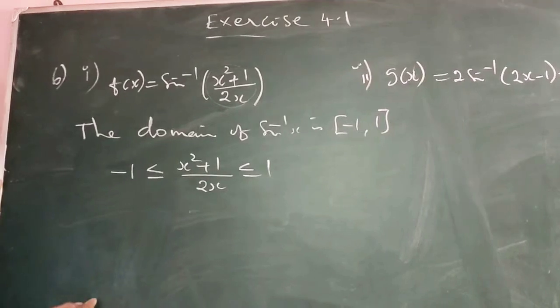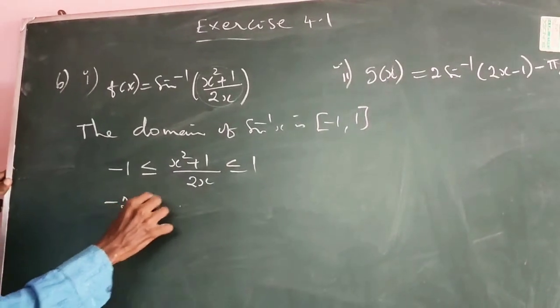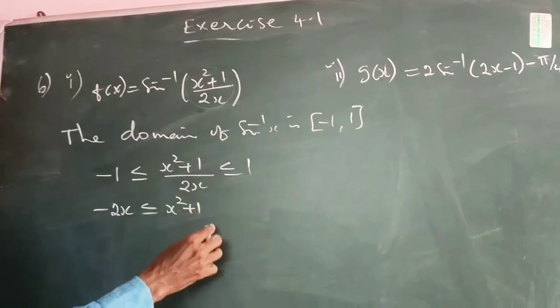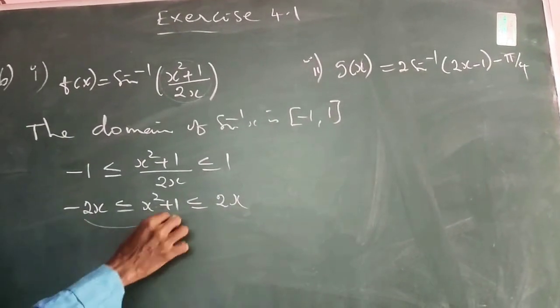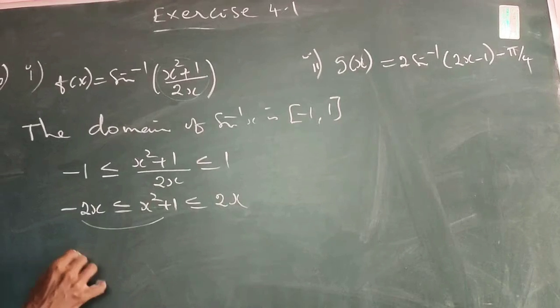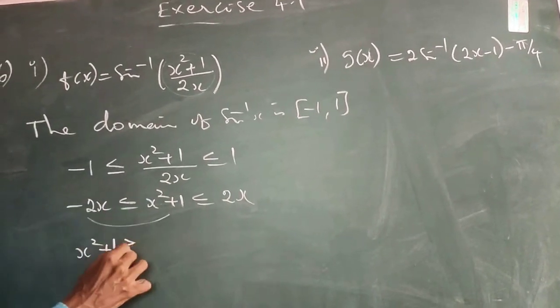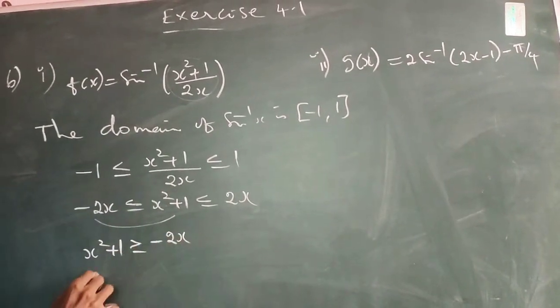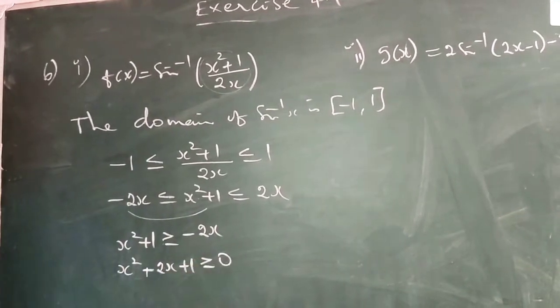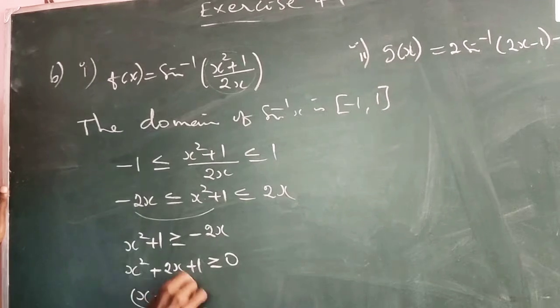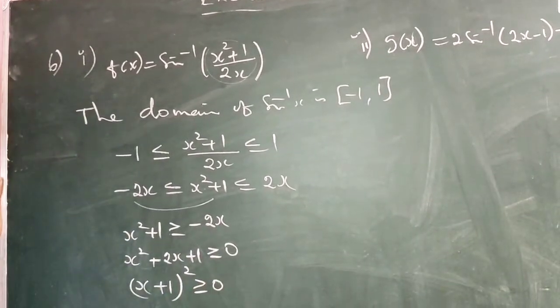Just multiply by 2x: minus 2x less than or equal to x square plus 1 less than or equal to 2x. Let me consider one by one. So x square plus 1 greater than or equal to minus 2x. So x square plus 2x plus 1 greater than or equal to 0. So (x plus 1) the whole square greater than or equal to 0.